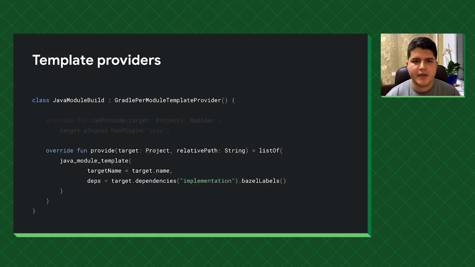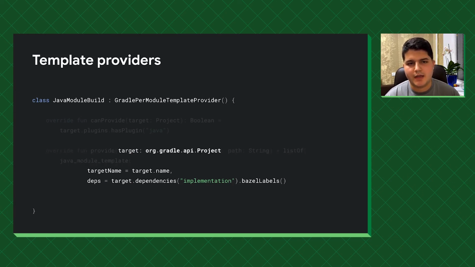And when we check that, we need to implement the second function, which is called provide. Basically, the goal of this function is to take the template that we've just defined and to fill it with the correct data that is specific to this particular module. And it's important also to understand that in Gradle, we have such entity called project, but in fact, it means that it represents the Gradle module.